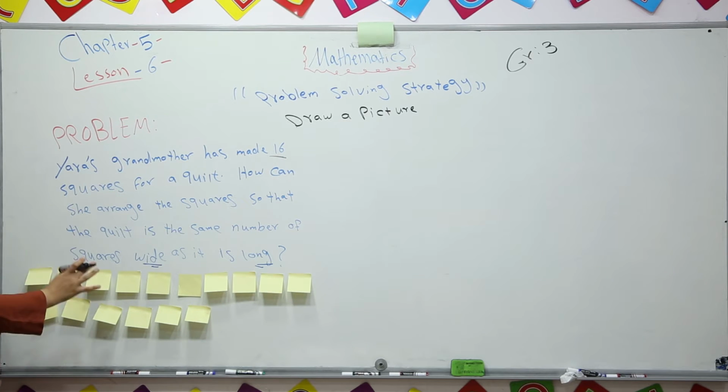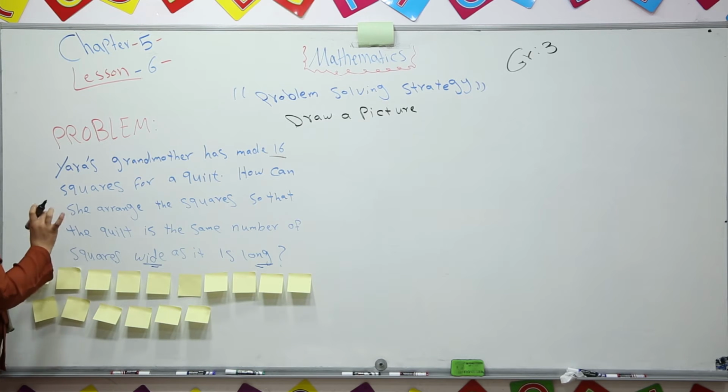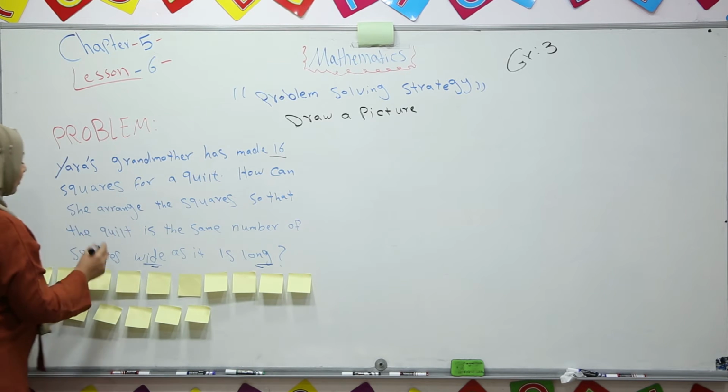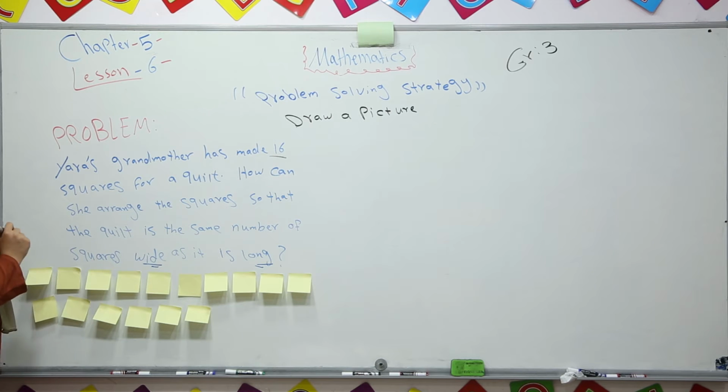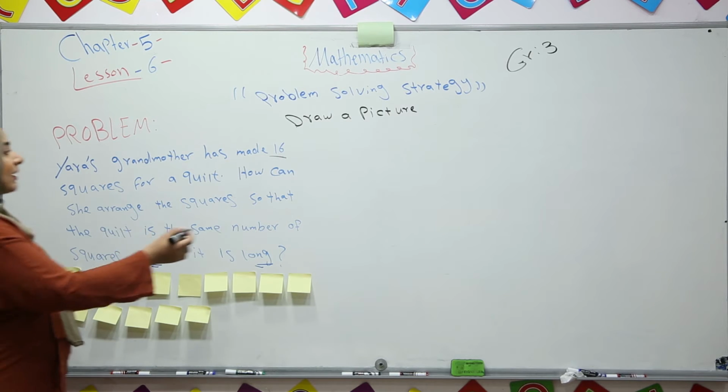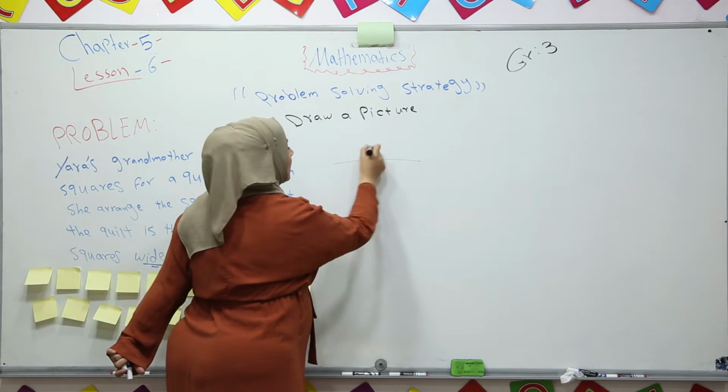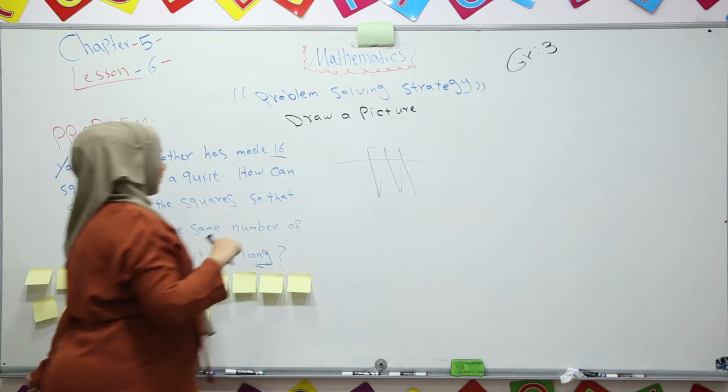How can she arrange these 16 squares so that the quilt is the same number of squares wide as it is long? It means she arranged these squares to make a quilt, but the number of squares in the width should be the same as in the length, okay?